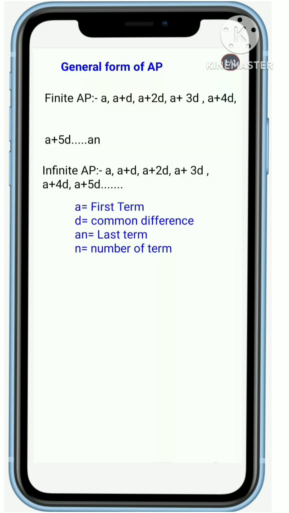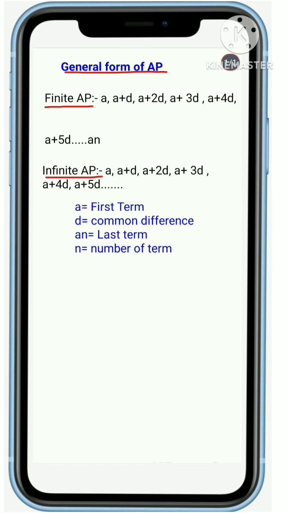Okay, now let's talk about general form of AP. Students, as we know, there are two types of AP, finite AP and infinite AP, and here this is general form of finite AP and this is general form of infinite AP. Beside this, we know that an AP may have limited terms or unlimited terms, right?